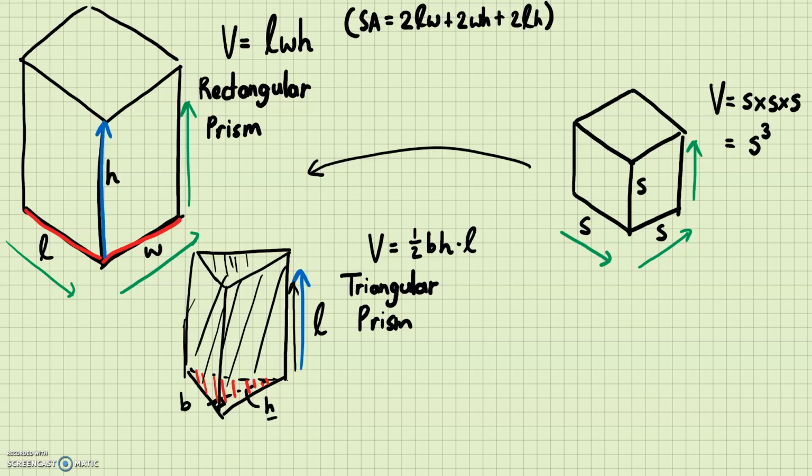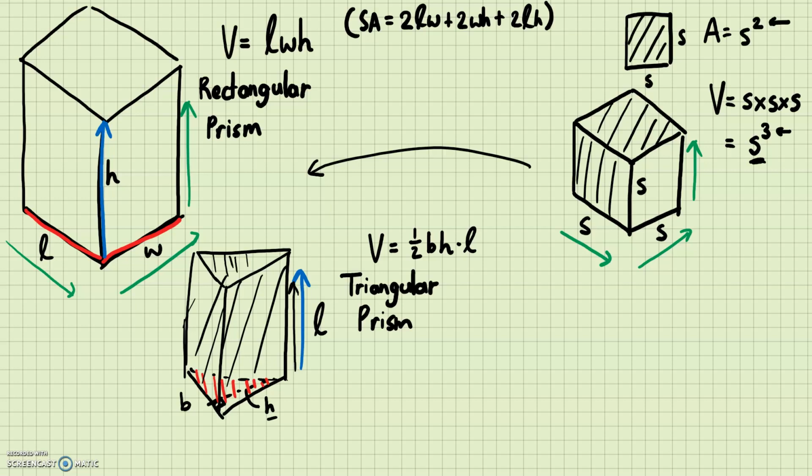Okay, so this is why when you have an exponent of 3, you say cubed, because this gives you the volume of a cube with this measurement. Also, when we had a square with sides S and S, to get the area, you need to do S times S, or S squared. So that's why you call this squared.